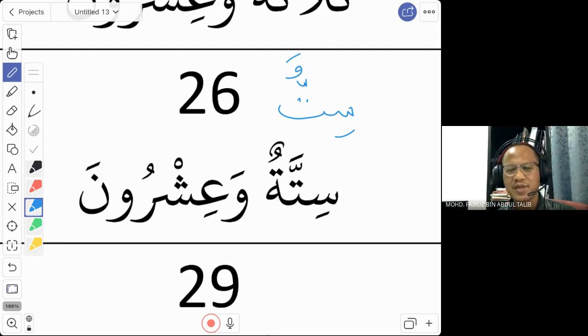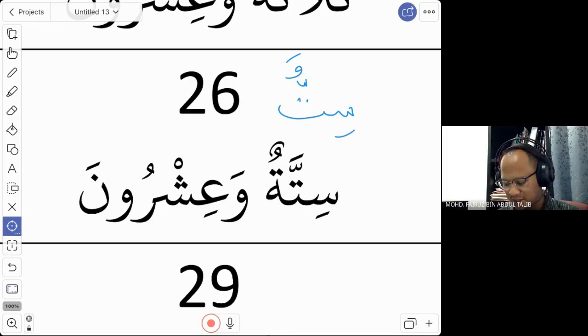Because if you still remember when we learned the numbers 1 to 10, I said there are two versions. We learned wahid and we learned wahida. Ithnan, ithnatan. Thalatha, thalath, without the ta. Arba'a, arba', without the ta. Khamsa, khams. Sittatun, sittun. So here you can use without the ta.